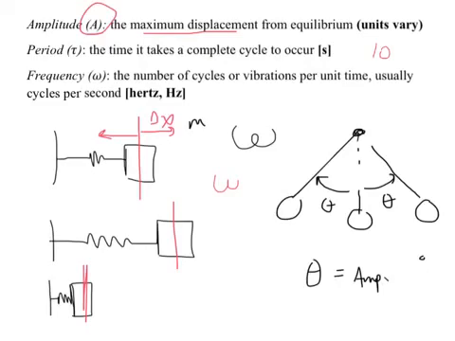That's what frequency really is. So it would complete 1/10 of a cycle after a second. So after 1 second, it goes through only 1/10 of a cycle. So the frequency would be 1/10 or 0.1. So what we'll notice here is that these are inverses of one another.